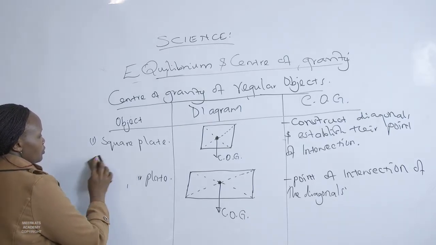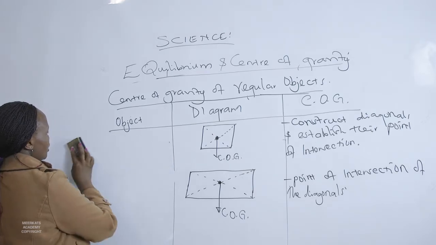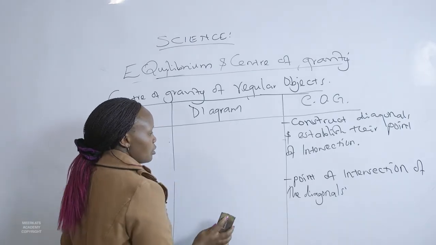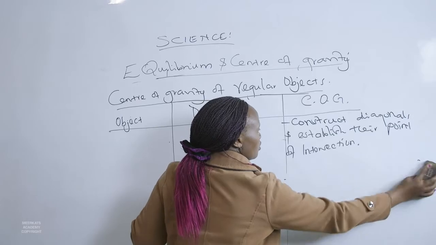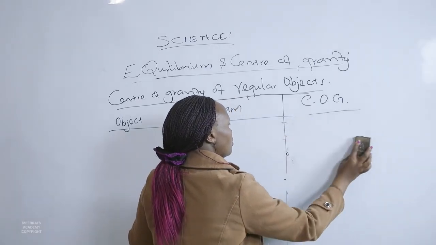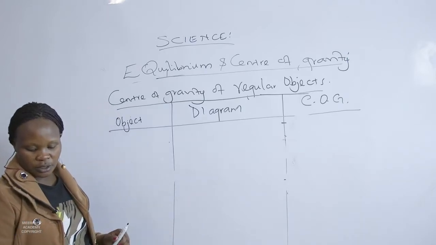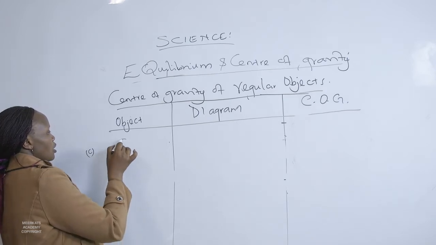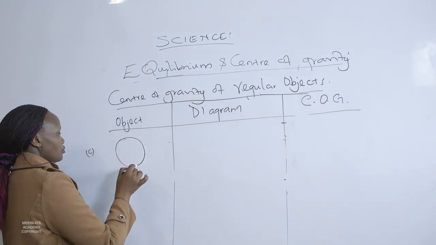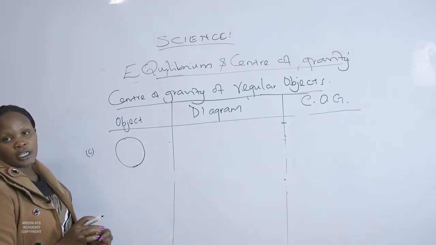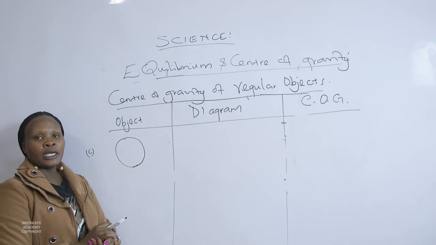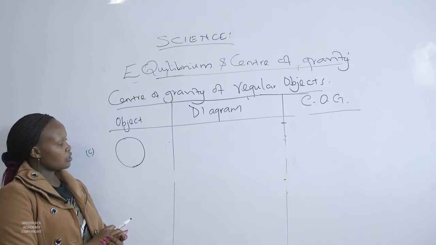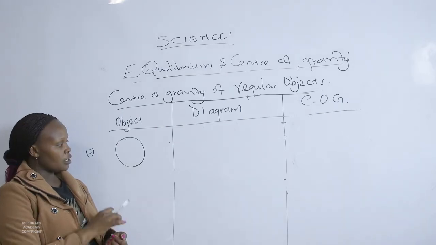Now, let us look at yet another shape. This time we can consider a circle. This is C, a circle, and find out how we get to resolve the center of gravity of a circle.